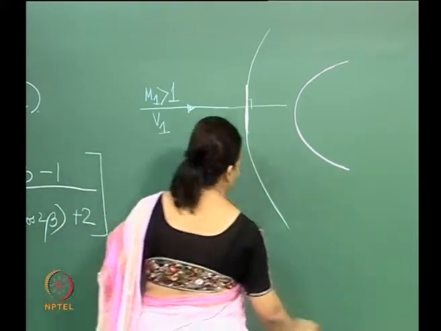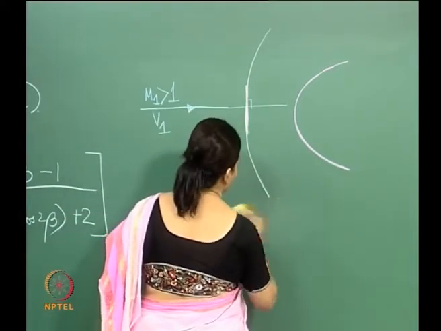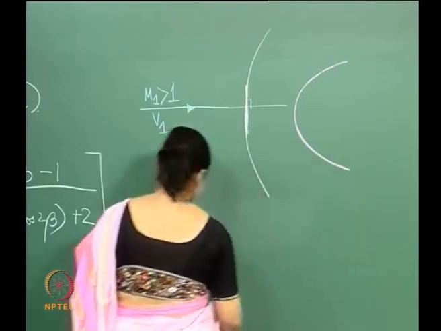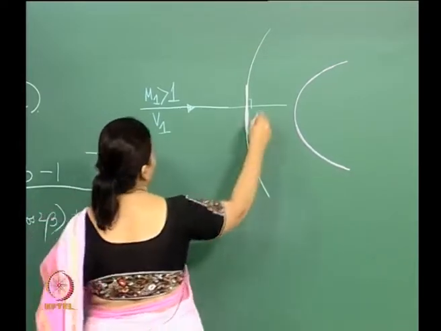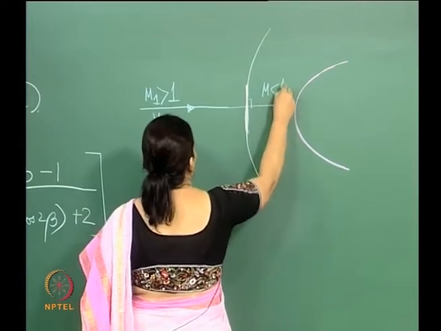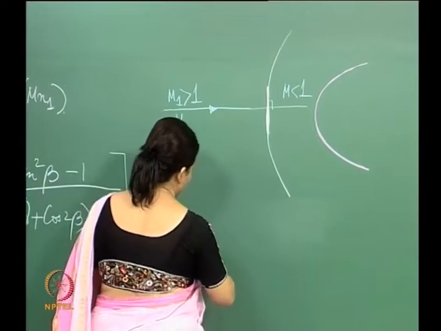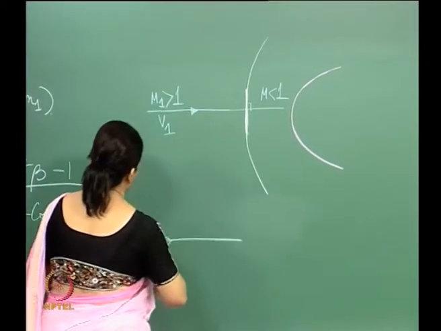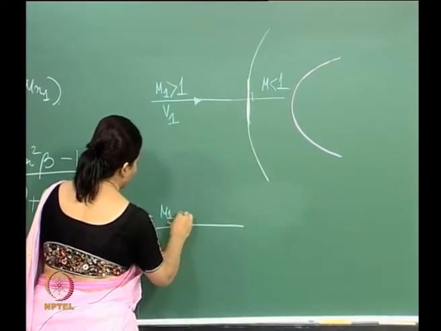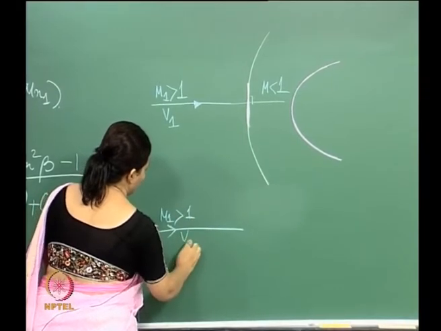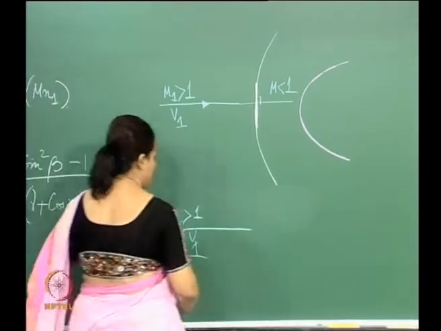However, let's change the picture a little bit. Say we have the same, and okay, so this gets compressed and so on and so forth. Now we have the same thing, say over like that. Again we have supersonic flow over here.